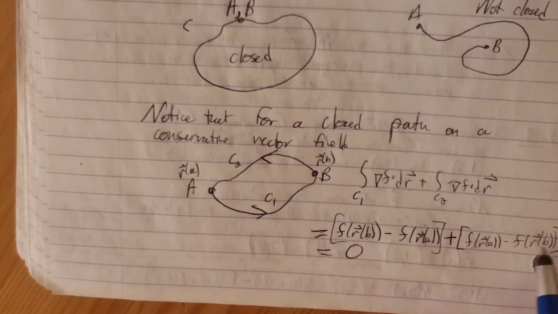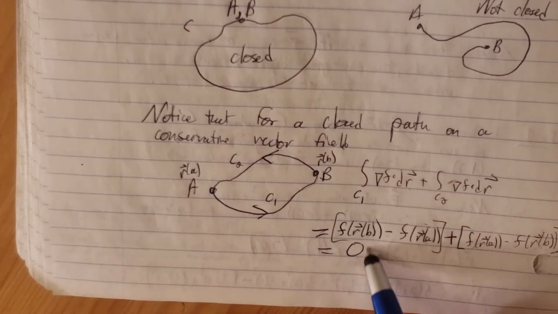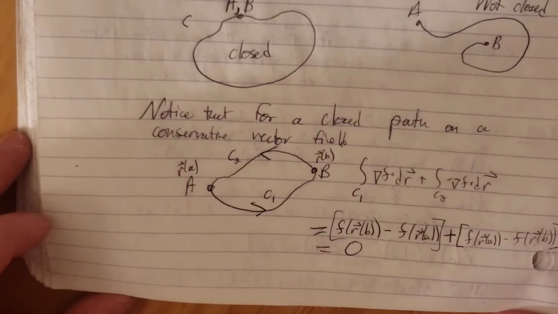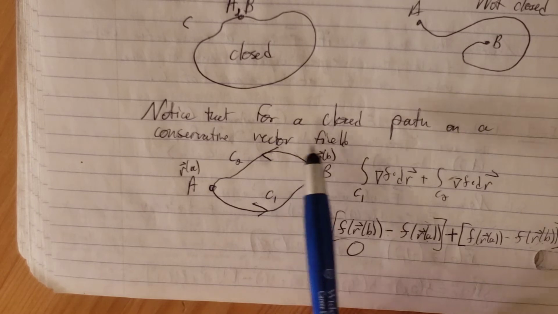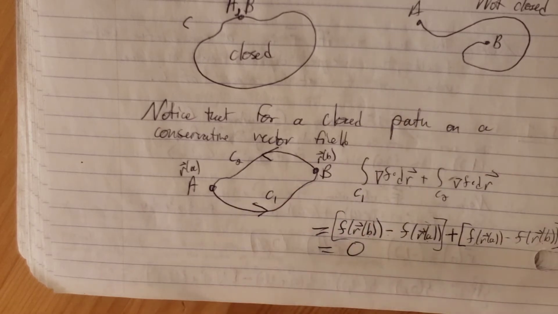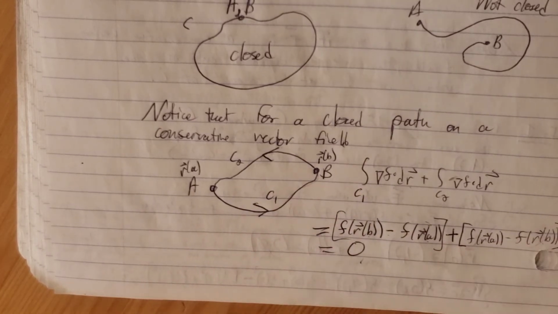Then all of that cancels out and we get 0. So the integral over a closed path on a conservative vector field is always 0.